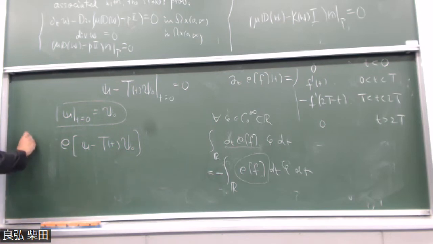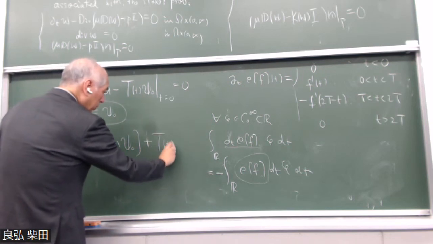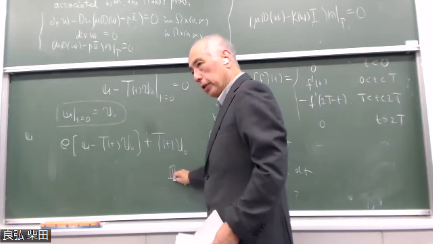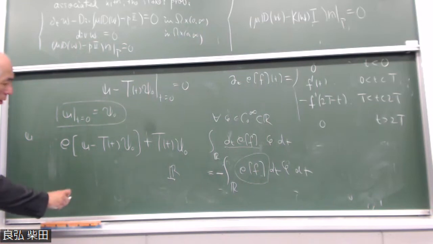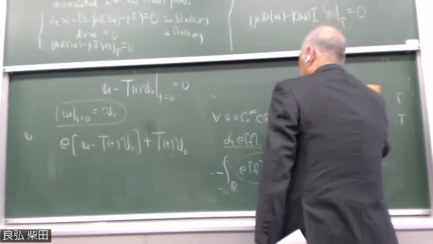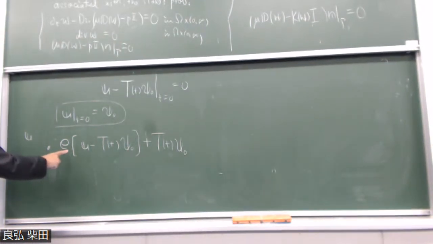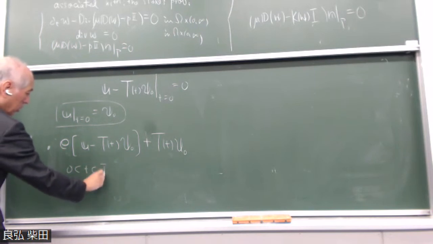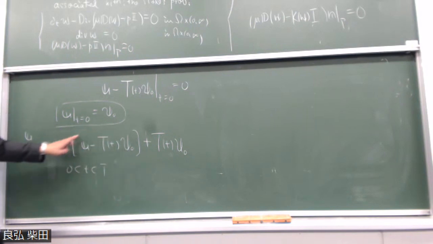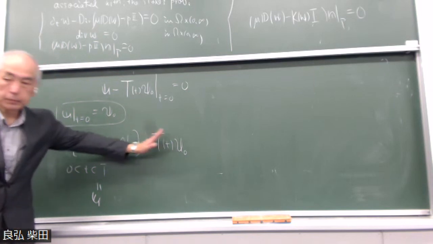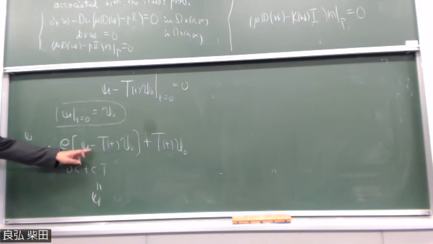But it does not coincide with U. These functions are defined for all T. Anyway, the rough idea is you consider this extension for U, because at least on 0 to T, this part becomes this one, and the plus T of U0, therefore this really becomes U. And then this term becomes 0 at T equals 0, so it's a nice extension. In some sense, a zero extension. Yeah. The plus this one.